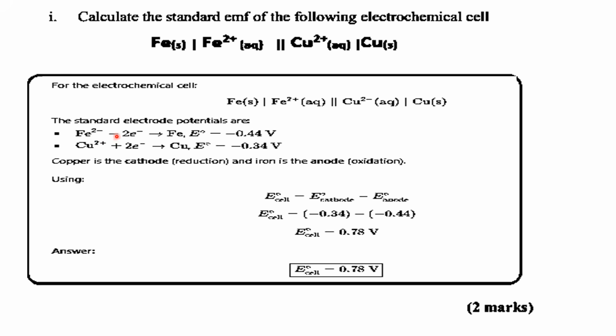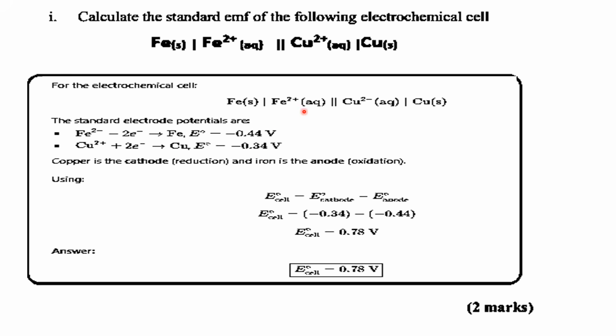When iron is oxidized, its EMF is 0.44. And when copper ions are reduced, the corresponding EMF is 0.34.